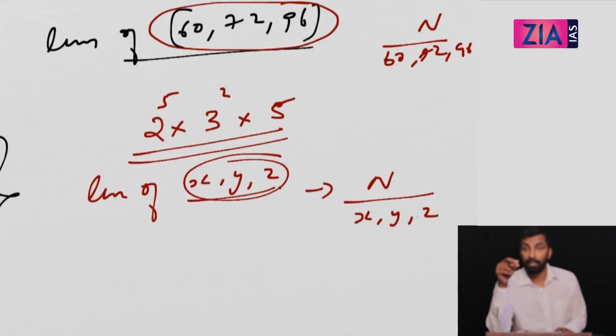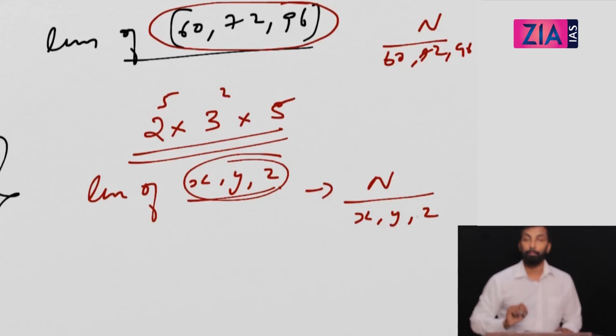And is the LCM the only such number? No. There are many numbers, but why LCM? LCM is the lowest common multiple of all the 3. So this is the lowest number. Otherwise, there are many other numbers. If you find the LCM and add the LCM, that will also be divisible by all the 3. But I need the lowest number.